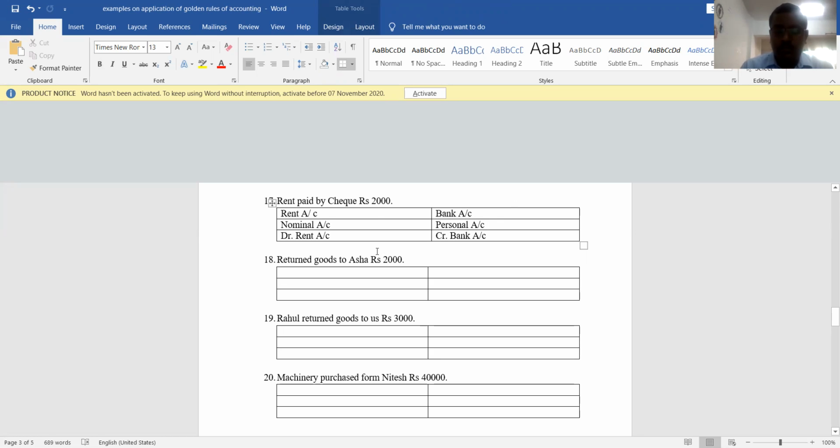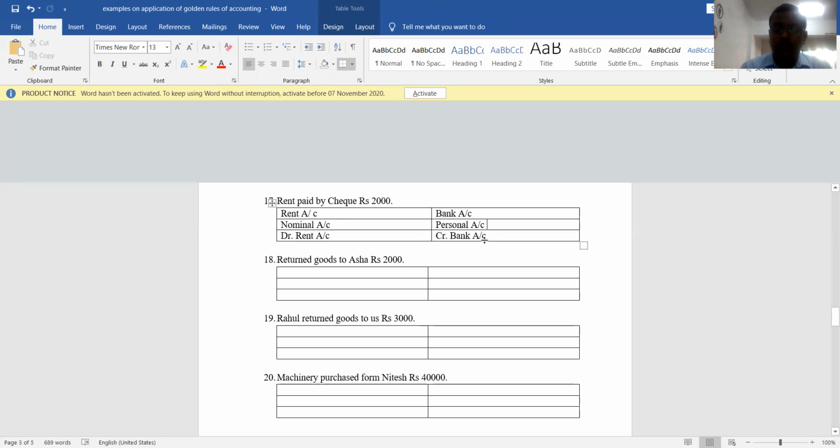Now we need to check which rule is applicable to which account. As we know, rent is an expenditure, so what is the rule of nominal account? Debit all expenses and losses. So we have to debit rent account.